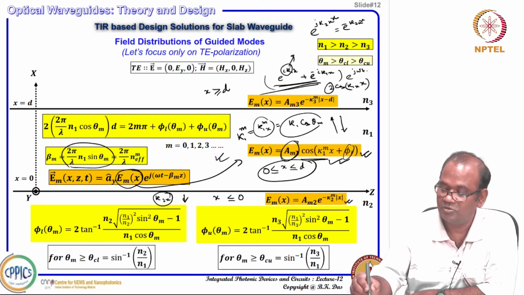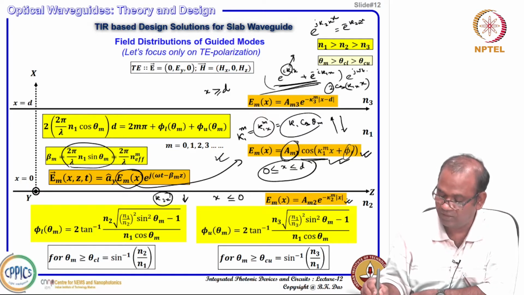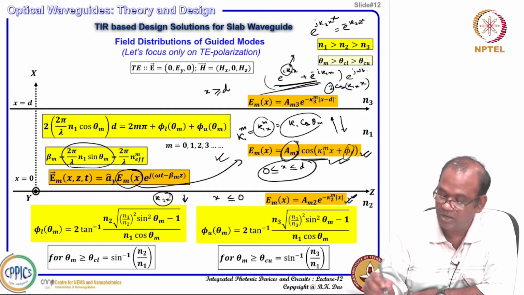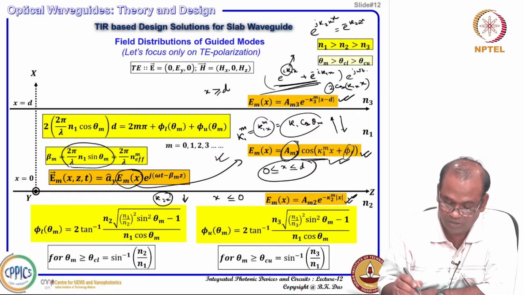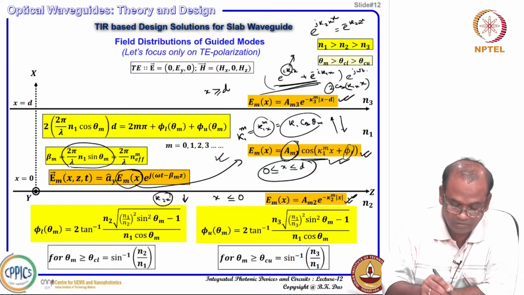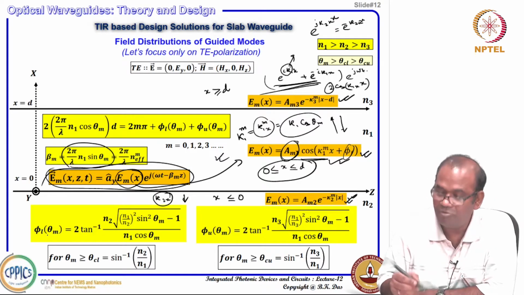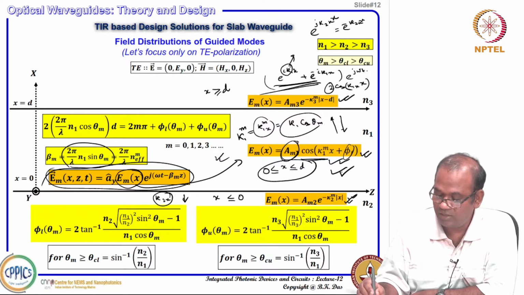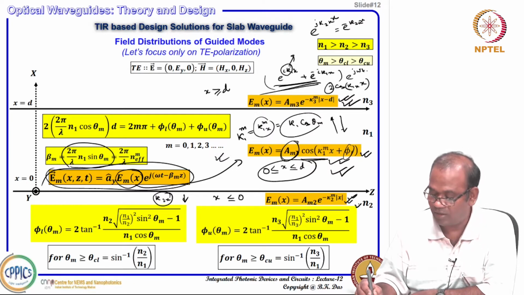So, as a function of x it will be decaying, that is what we have written. Similarly, it is in this direction. So, this is your entire mode solution, and you know what the nature is in the core region, the upper cladding region and the lower cladding region.